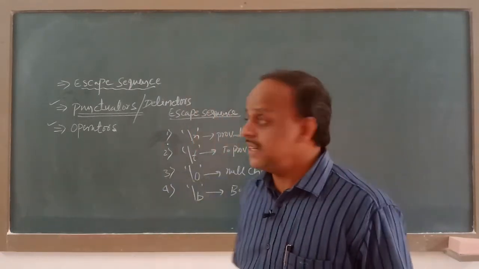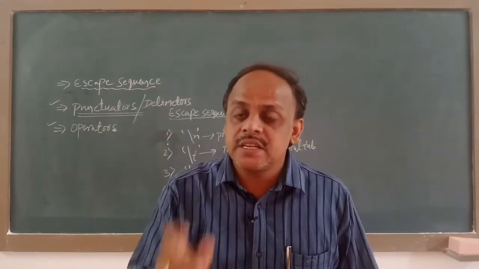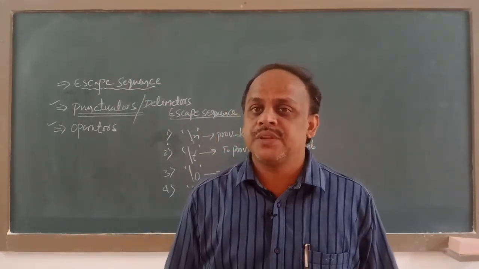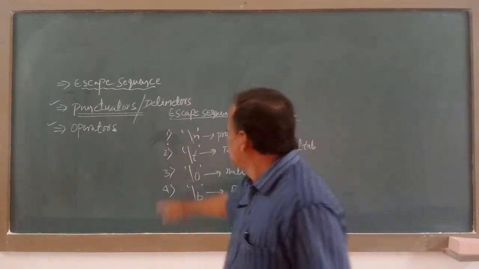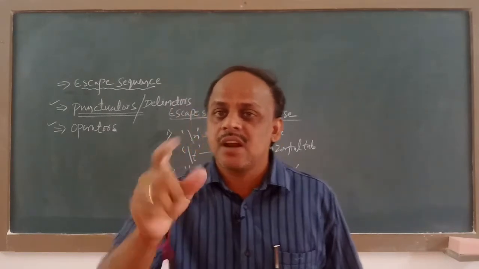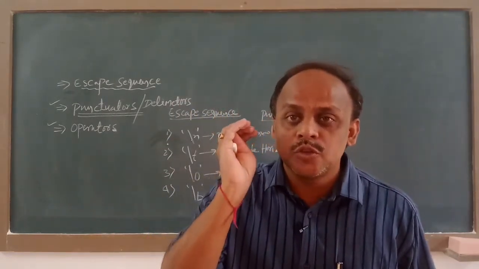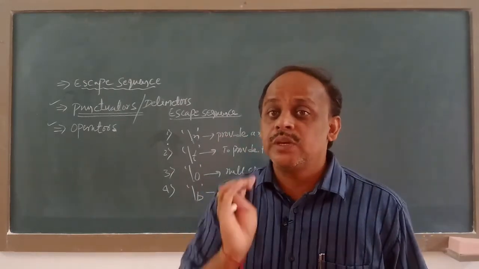Next comes the operator. An operator is a symbol that is going to perform some operation and provide some value. Punctuators are also symbols, but they are not used to perform any operation to yield a value.